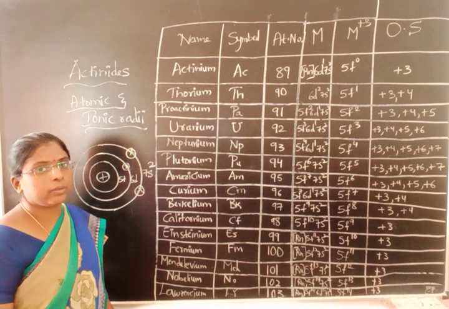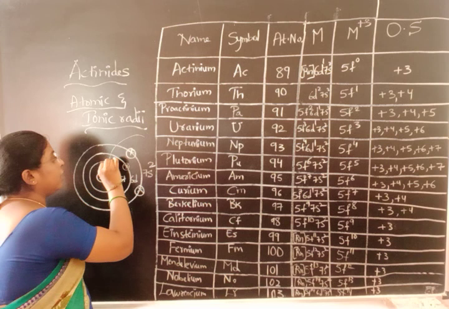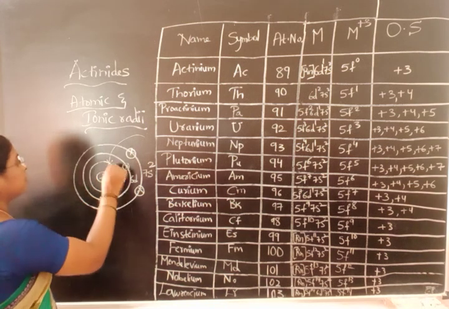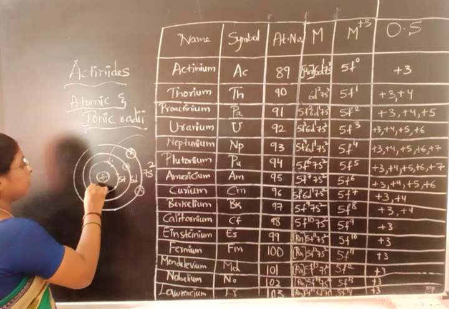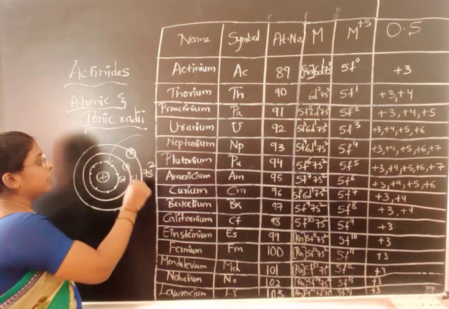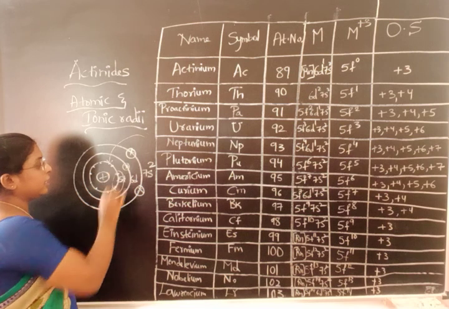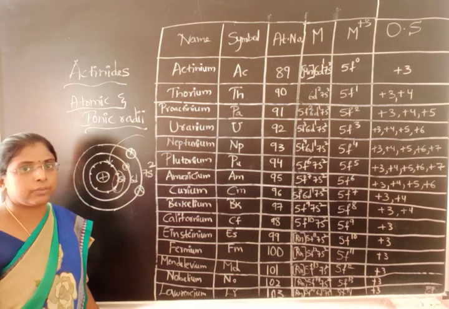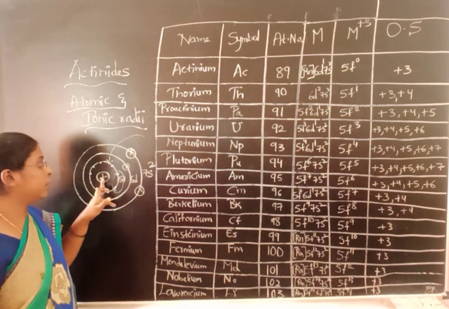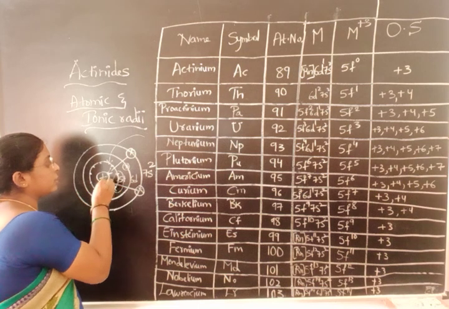Where does the incoming electron enter? The incoming electron enters into the antepenultimate 5f subshell. Here the electrons are filled in the antepenultimate 5f subshell. Since these are 5f electrons, poor shielding takes place in the case of 5f. Due to the poor shielding effect of 5f electrons, the nucleus attracts the outermost 7s2 electrons towards itself.